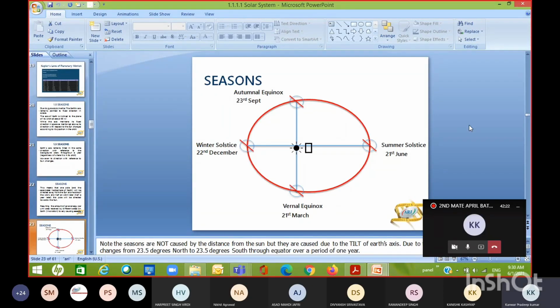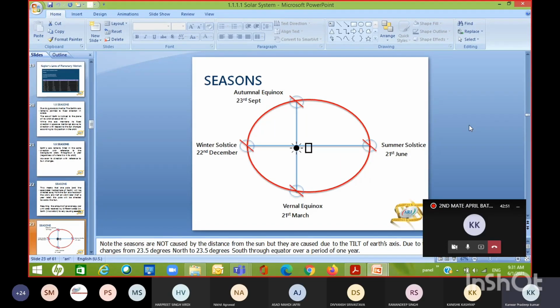So here if you see that red line, the tilt of the axis, if you look at the left position, winter solstice, you will see the north pole is pointing away from the sun and the south pole is pointing towards the sun. That means the sun is having south declination because it is pointing directly over Tropic of Capricorn.